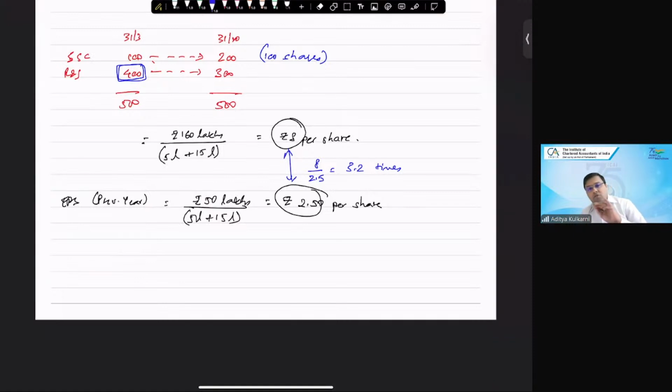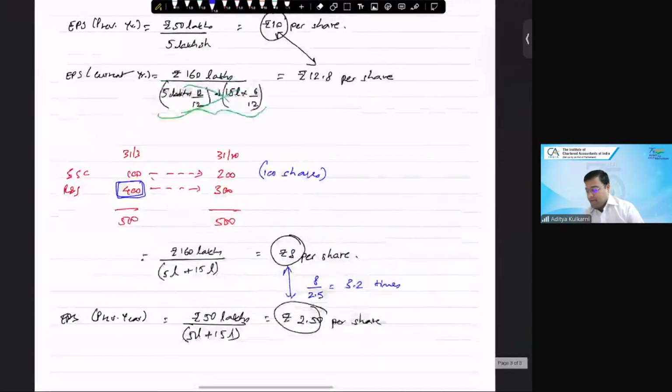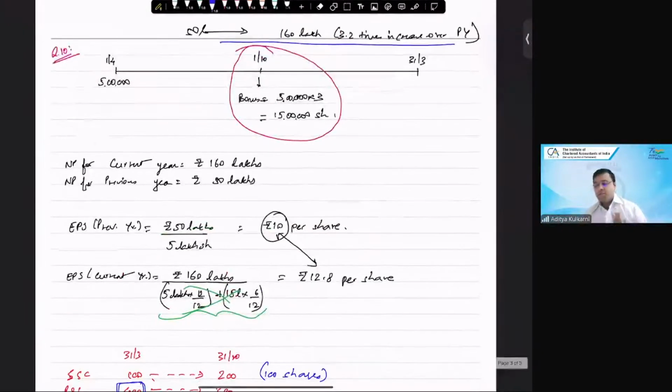Given that there is no change in the denominator, the EPS is increasing in exactly the same proportion as it is increasing for the profit. Is it okay? Yes, sir. All right.